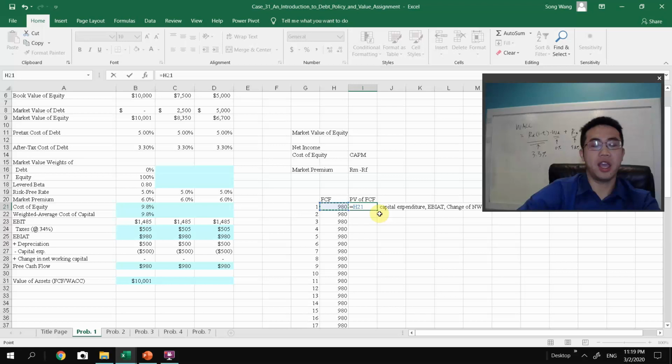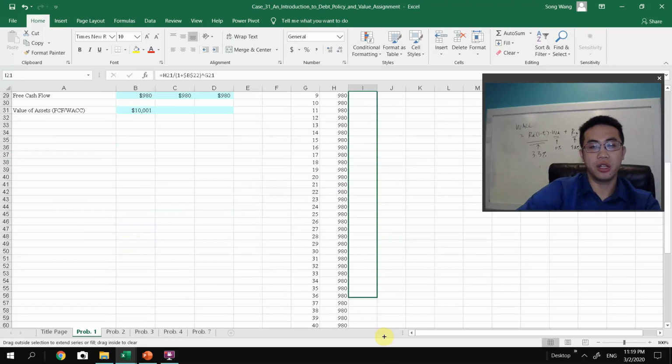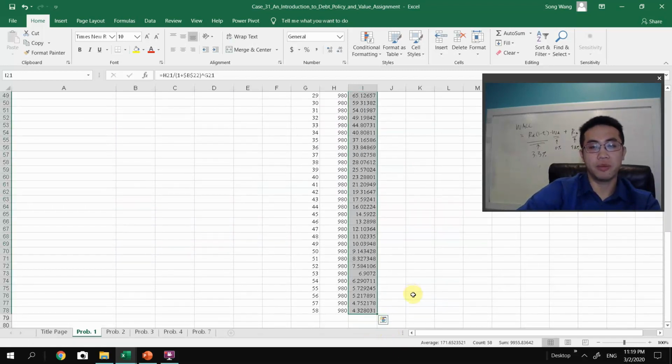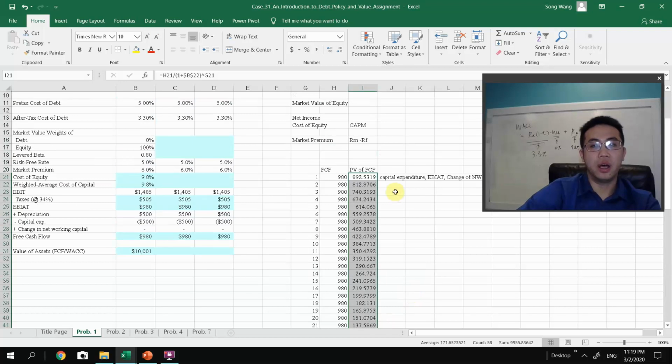So my cash flow divided by 1 plus this 9.8%, the WACC, I need to lock it, all right, and then raised to the power of 1, just discounted for 1 year. And then I will keep discounting for 2 years, 3 years, and then all the way to whatever the year number is. So all the free cash flows at present value are a different amount.